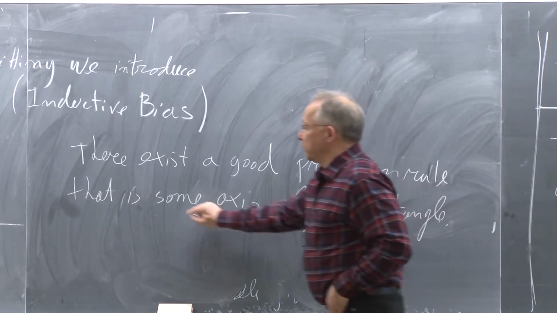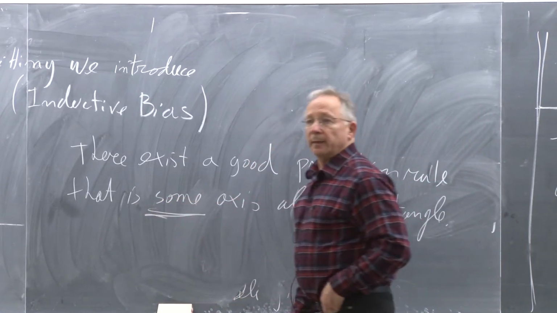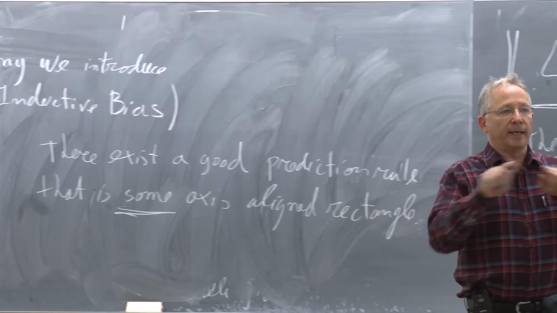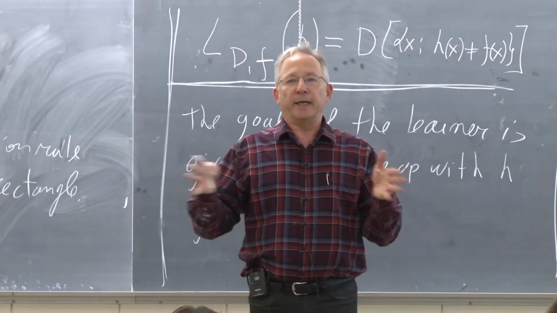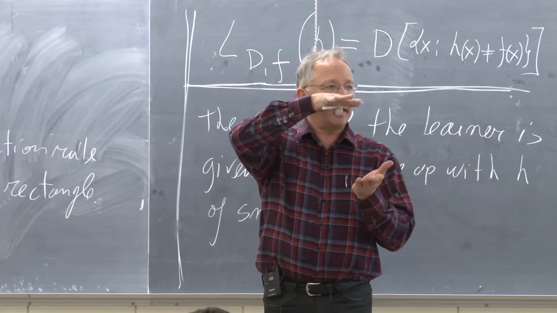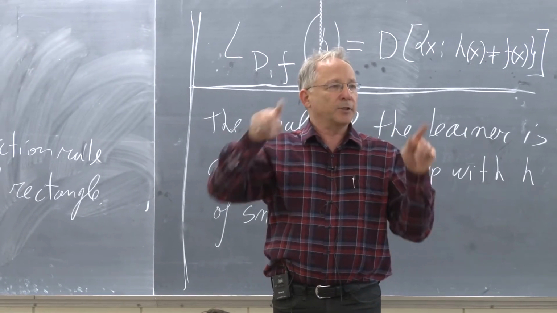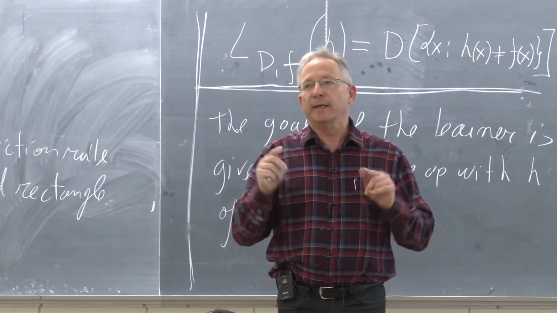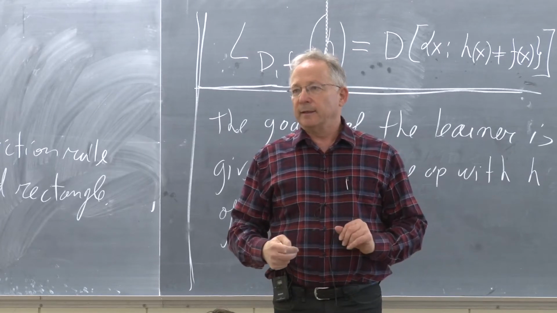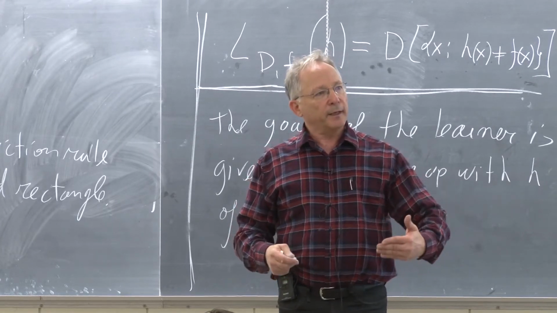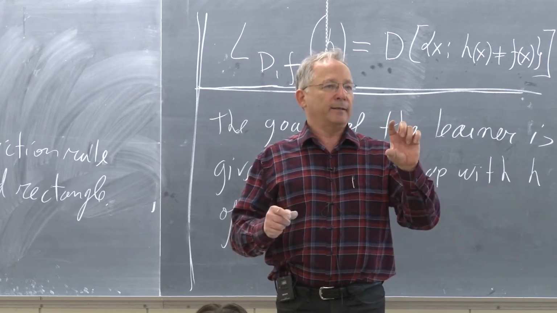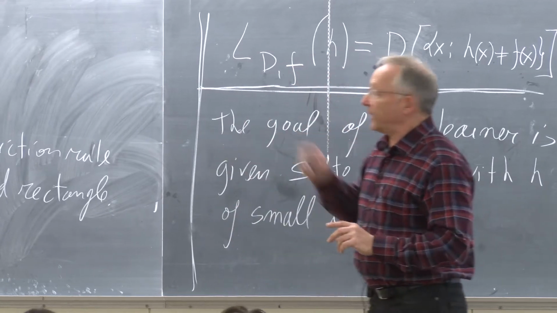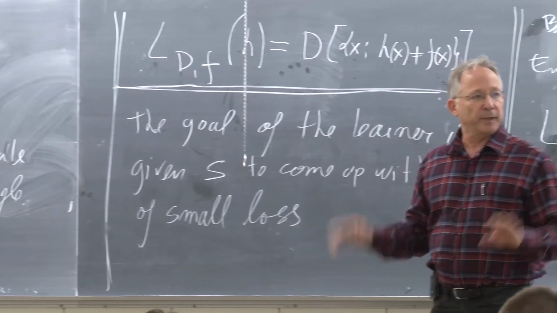We don't know which. We want to learn which one. But our prior knowledge is that there is some boundary of color, and some boundary of softness, such that if you live within these boundaries, you're going to be tasty. And now the goal of the learner is easier. He wants to learn which is the correct rectangle, but he's not completely at a loss.